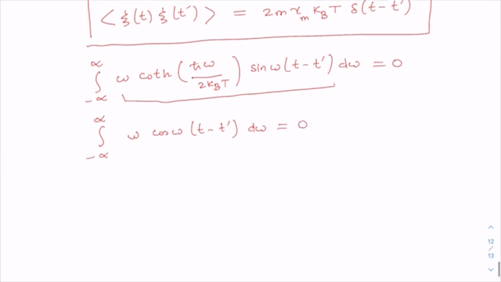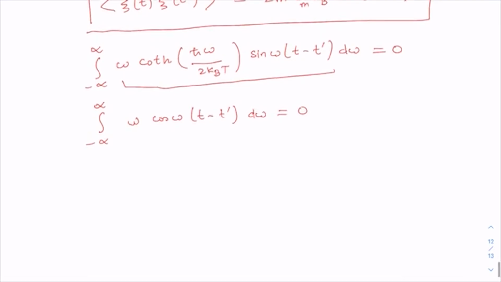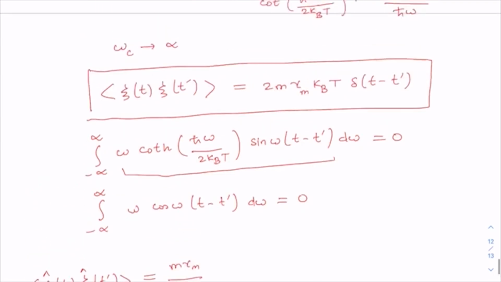If you utilize these two properties, then this autocorrelation function for the quantum Langevin noise can be written in a slightly different form. That would be this. You will have mγm divided by 2π.